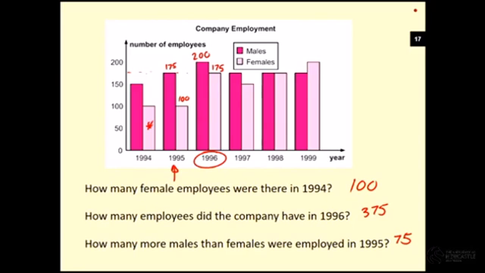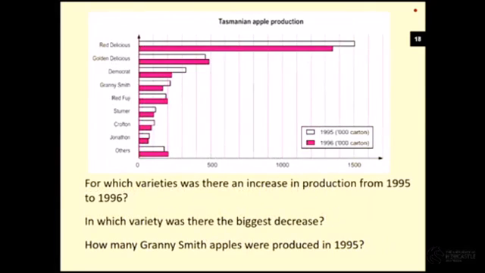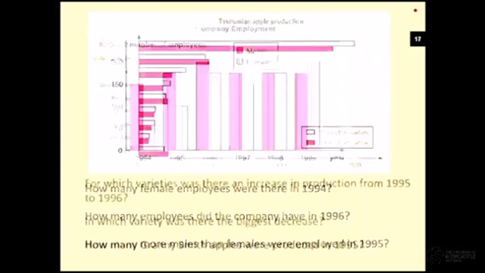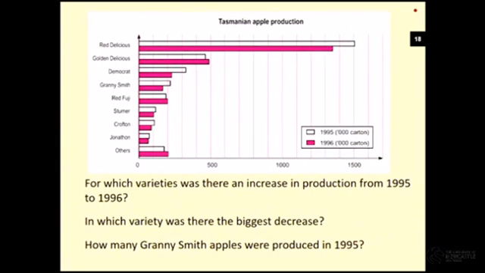Okay, got some more of these. Another. Tasmanian apple production. It's got a legend on it. The legend on the previous one was just male versus female. This legend gives us extra info, so we've got to read everything available to us. And notice that it says in thousands of cartons. That's what this means.